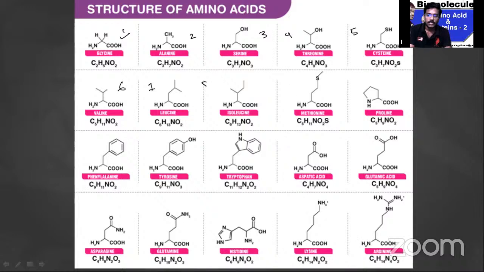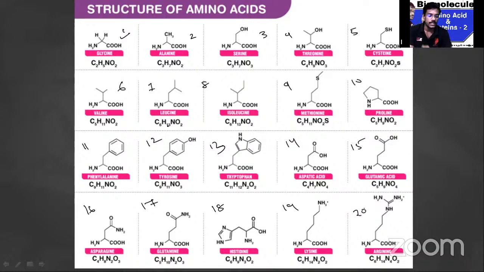isoleucine, methionine, proline, phenylalanine, tyrosine, tryptophan, aspartic acid, glutamic acid, asparagine, glutamine, histidine, lysine, and the last one is arginine.